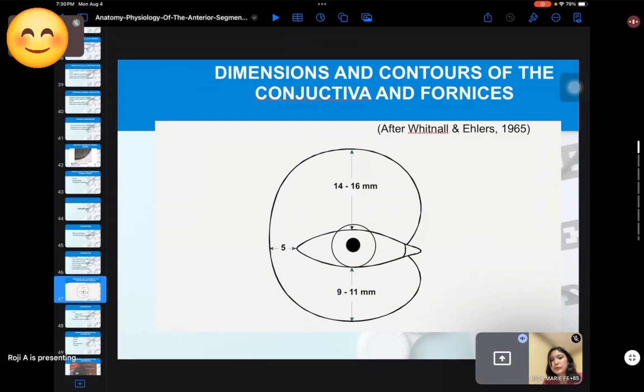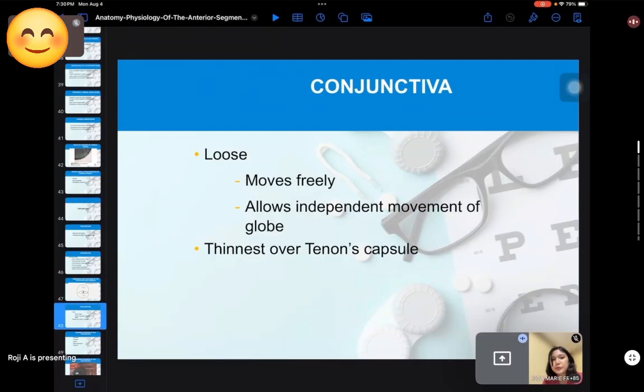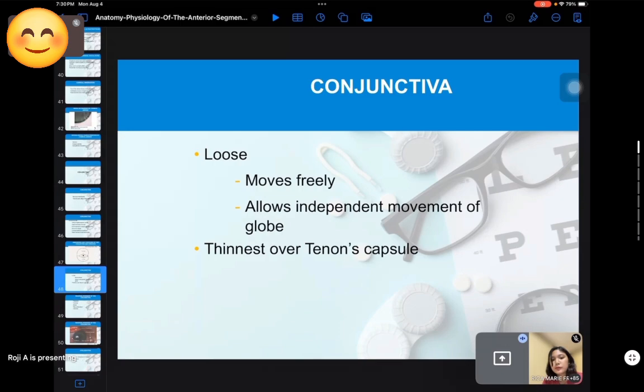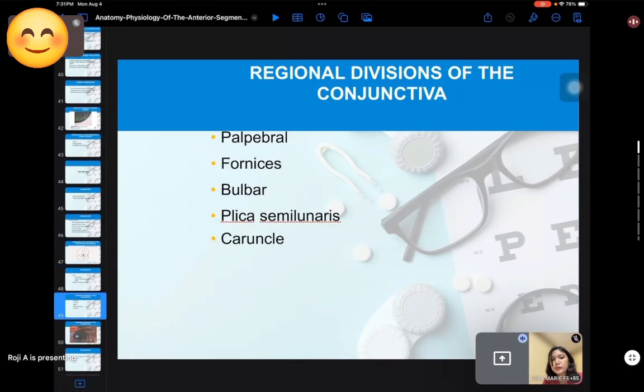It's all over, except of course your cornea, because if you have that there, you won't have a transparent cornea. Now it is loose and moves freely, allows independent movement, and is thinnest over the tendons capsule. The regional division of your conjunctiva: you have the palpebral, the fornix, the bulbar, the plica semilunaris, and the caruncle.